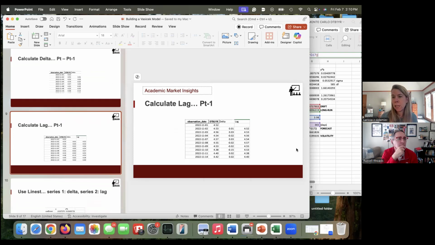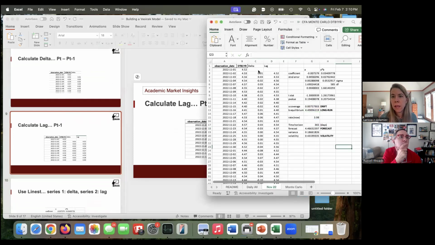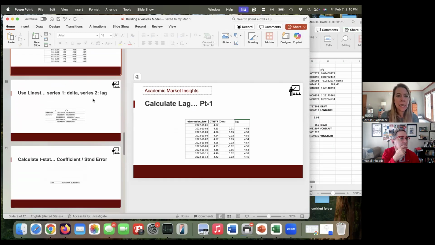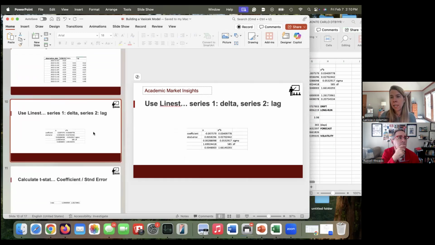So I'm going to quickly toggle over here. You can easily see that this is yesterday's, and that the lag is simply the price from the day before. Not too bad. We're then going to use the LINEST functionality.